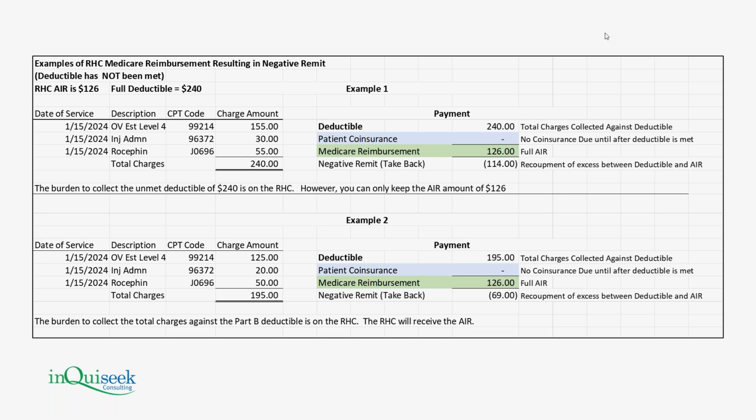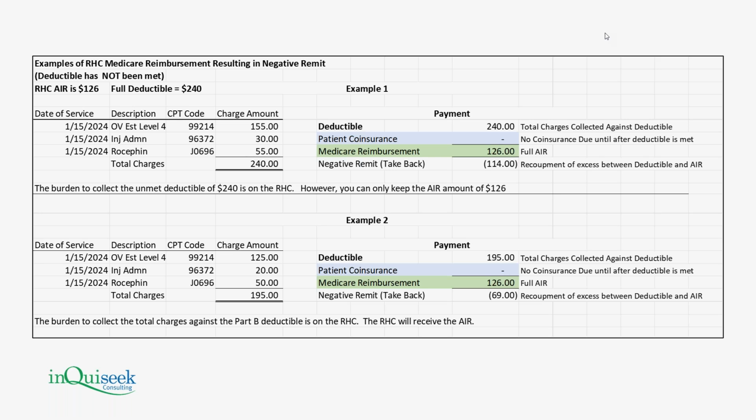It just happens that our total charges for this RHC encounter equal the complete unmet deductible amount. So what is going to happen is those total charges, that entire $240, is going to be collected as the deductible. Since the deductible is just now being met, there is no co-insurance due on this visit.